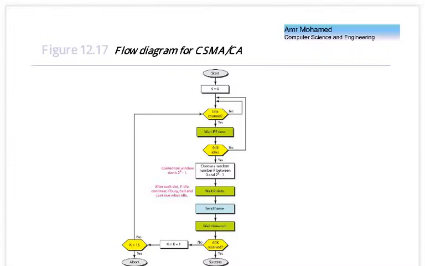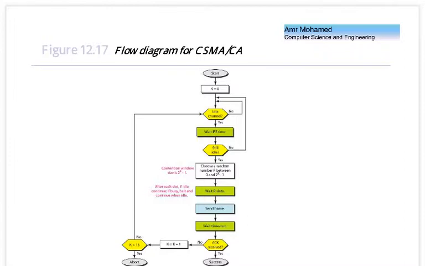We have acknowledgement instead of detecting the collision, because here we cannot detect collision. The only way for us to figure out if there was a collision is to wait for a timeout. If the timeout expires without receiving an acknowledgement, this means that there was an error, and then I have to retransmit.